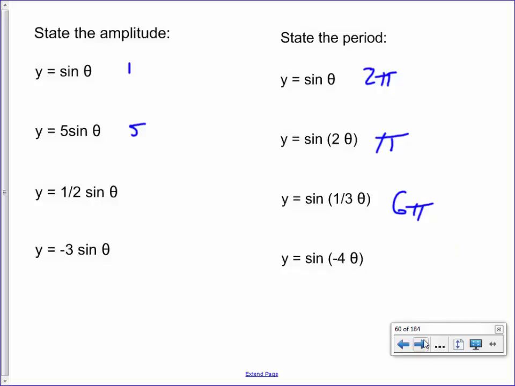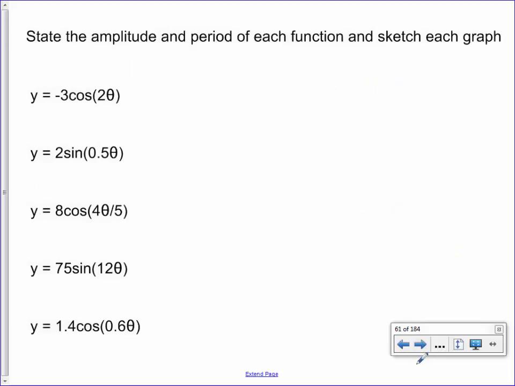Cool. Let's move on. You could do both of them at the exact same time. Let's just do this one right here. That one's sufficiently challenging. What's the amplitude of this graph going to be? What's the period of this graph going to be?